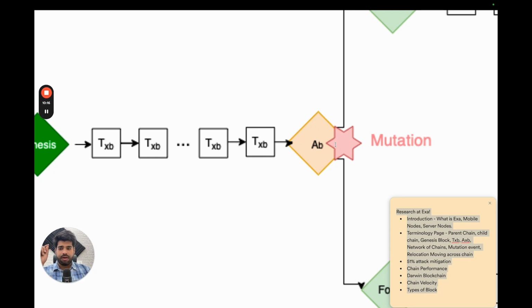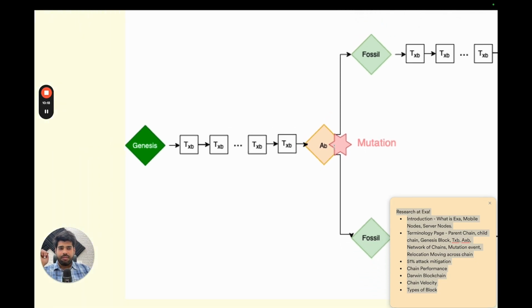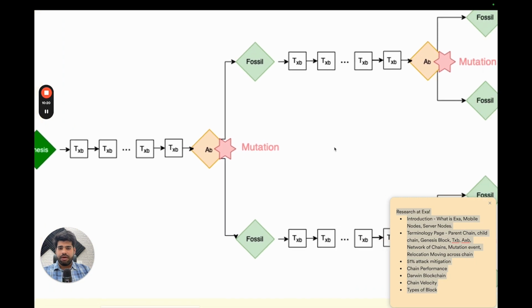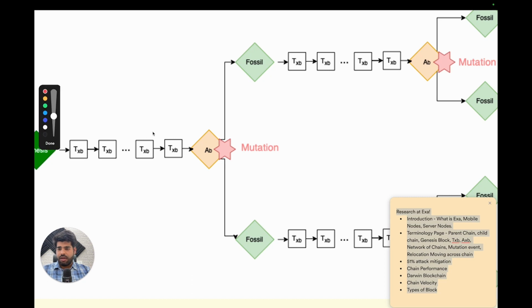If the conditions are right, the chain may mutate. When we say the chain is about to mutate, it means that it will split into two, and whenever the chain splits, new fossil blocks are created, two or eight more fossil blocks, depending on how many child chains we have created. The fossil block will contain the summary of the previous parent chain.